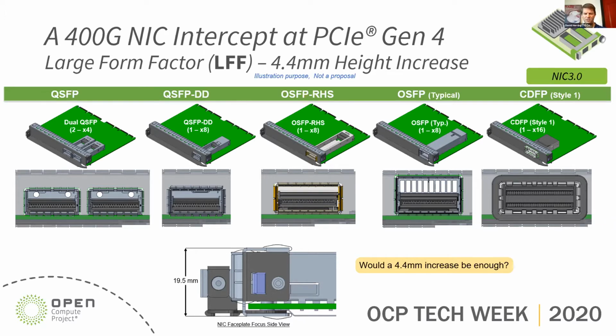But just to say, hey, as aggressive as we could go on the height, what might this minimum increase be? And so this is an illustration of what a 4.4 millimeter height increase might be. That would increase the total height to 19.5 millimeters in this example.